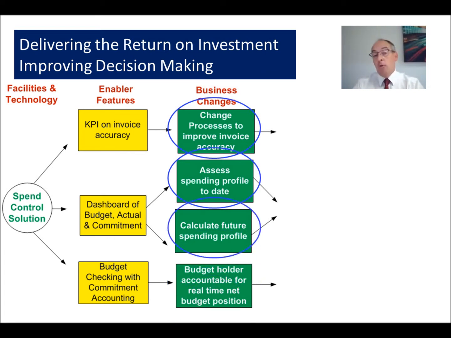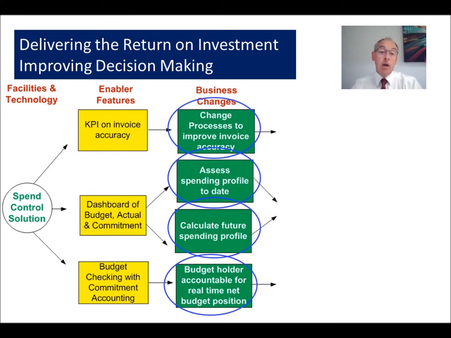And we should therefore, after a period of time of go live, be able to understand our future spending profile. The final business benefit that we get with our budget checking is that we can devolve through to our budget holders accountability for the spend and not just have a look at what the budget is and the actual, but we can get a real-time net position because we have commitment accounting in place.